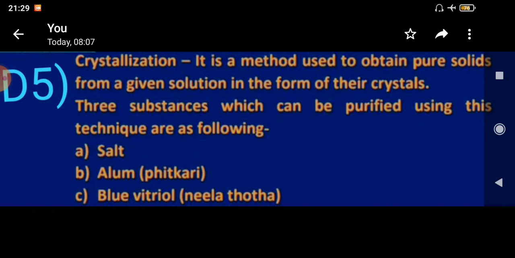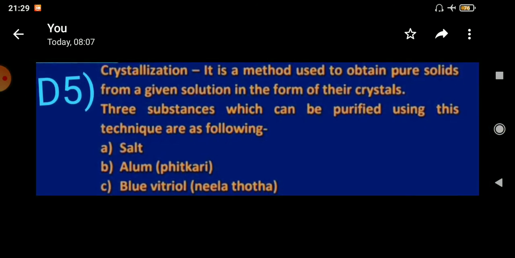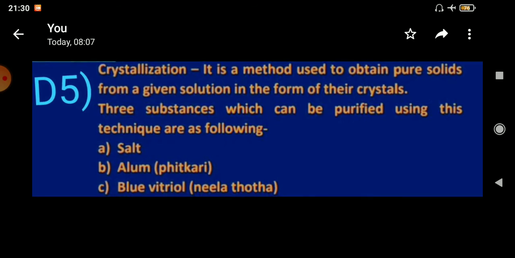We even use filtration, but with filtration we can't obtain pure solids, but in crystallization we can obtain pure solids. Three substances which can be purified using this technique are salt, alum which is also called फिटकरी, blue vitriol जिसे हम हिंदी में नीला थोथा भी कहते हैं.